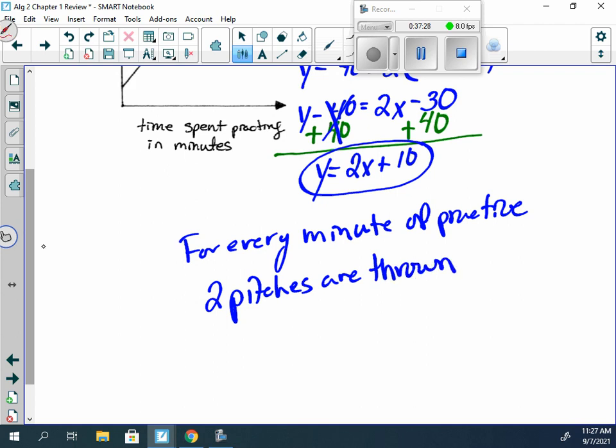And that's all we'd have to say for the slope, describing the slope. Because we're just trying to write out what the slope is telling us.